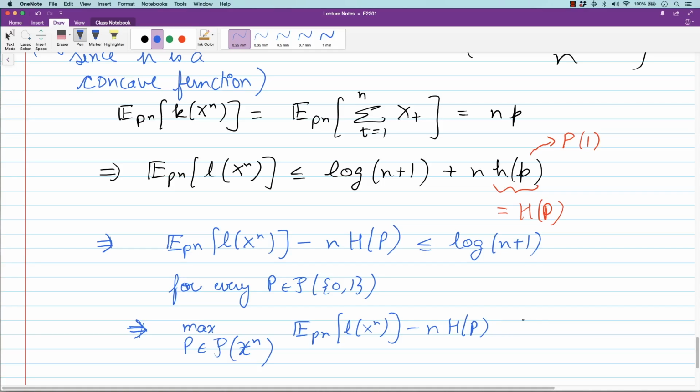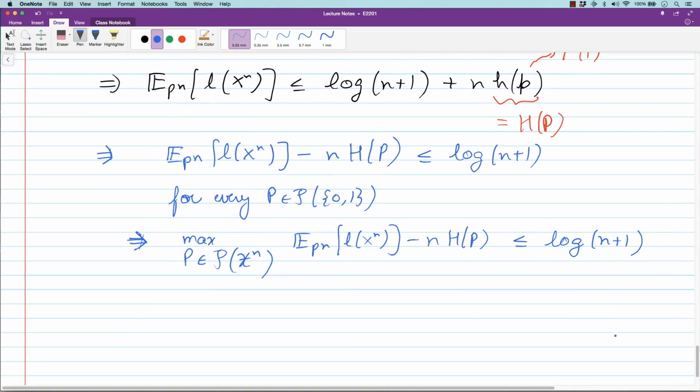This is the best that a scheme can do. And these two differ by just log (n plus 1). Note that this log (n plus 1) is negligible in comparison to the best scheme, n h(p). So this extra cost that you pay for not knowing the distribution is kind of negligible here. It's just log (n plus 1). So this scheme is great. Its performance is great, and it's just logarithmically more than this.